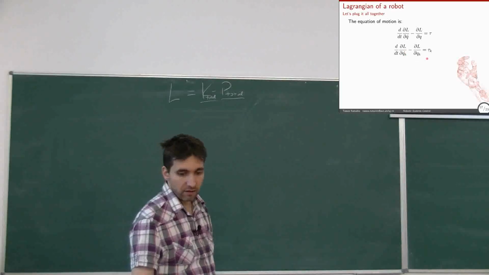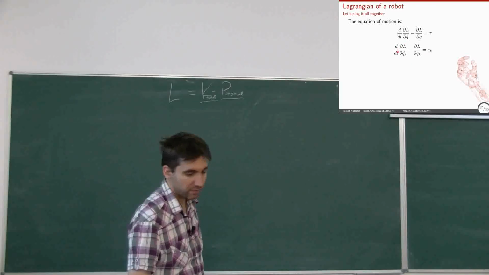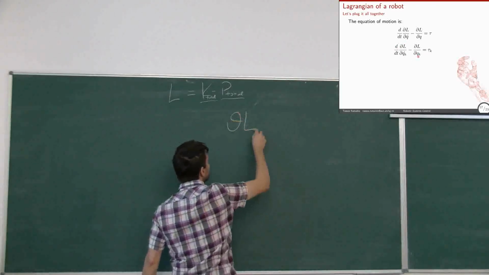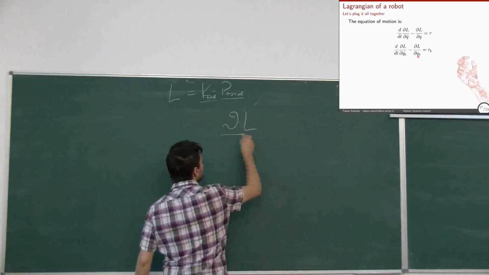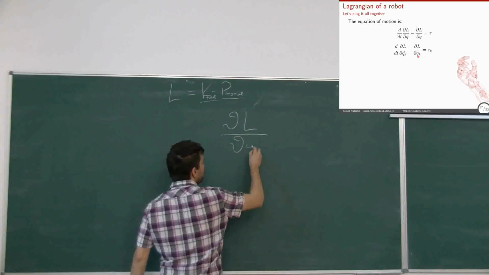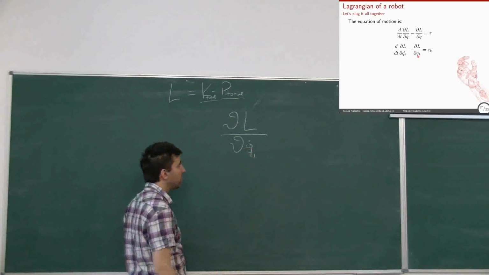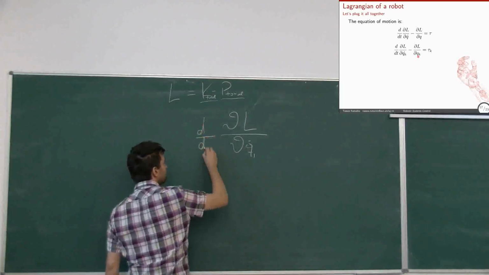Okay. Now I'll remind you very briefly what these things mean. If I have the Lagrangian, I derive the Lagrangian partially, let's do this a bit more accurately, with, let's say, q1 dot. And the result of this, I derive over time.